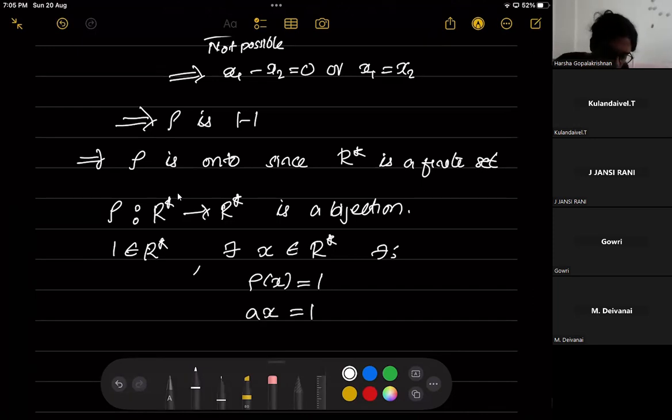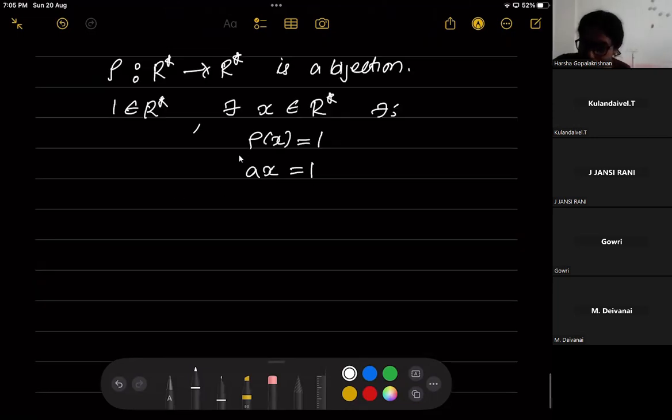So we started with an element A, and we got an element x such that Ax equal to 1.